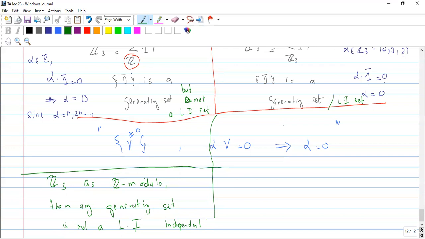Okay, and in the case of Z3 as a Z3 module, you can find a basis because this thing is a linear independent set, and also it is a generating set. So now class, this leads to the idea of a free module. So this is something which is different if we compare this thing with the case of vector space.